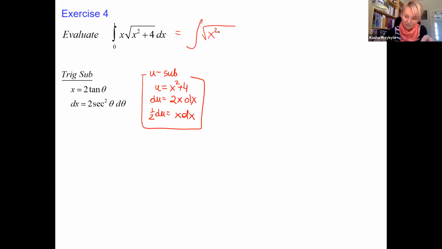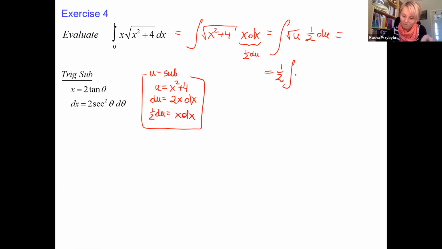I can rewrite x squared plus 4 as u, and x dx is 1/2 du. So 1 over u gives 1/2 square root of u du. Square root of u is u to the power of 1/2. That means we will have u to the 3/2 over 3/2. And then yes, we need new limits of integration.